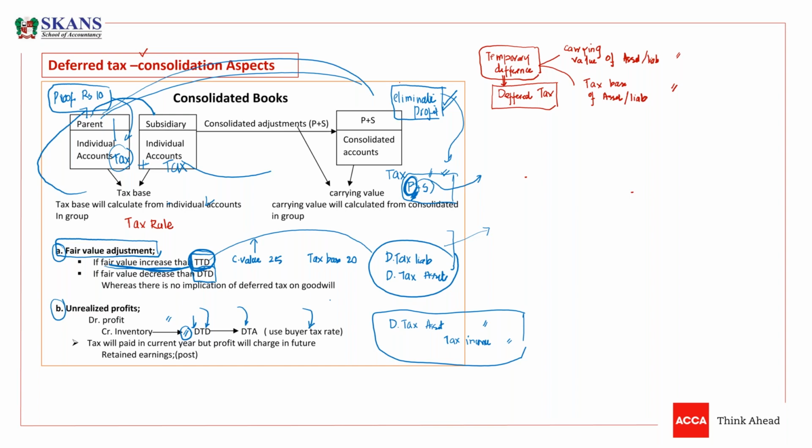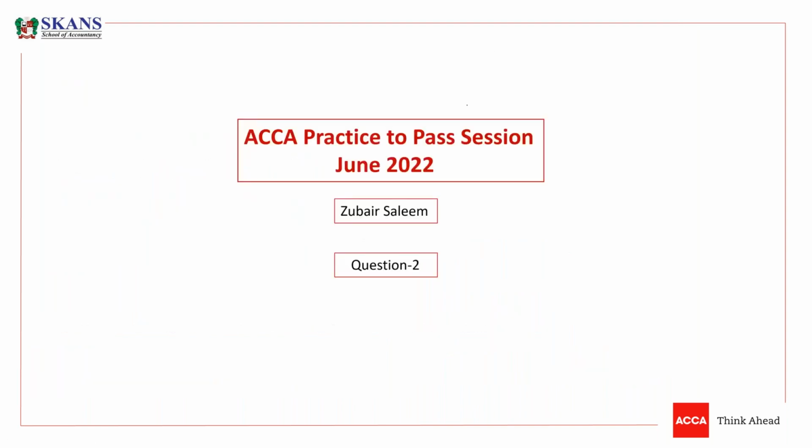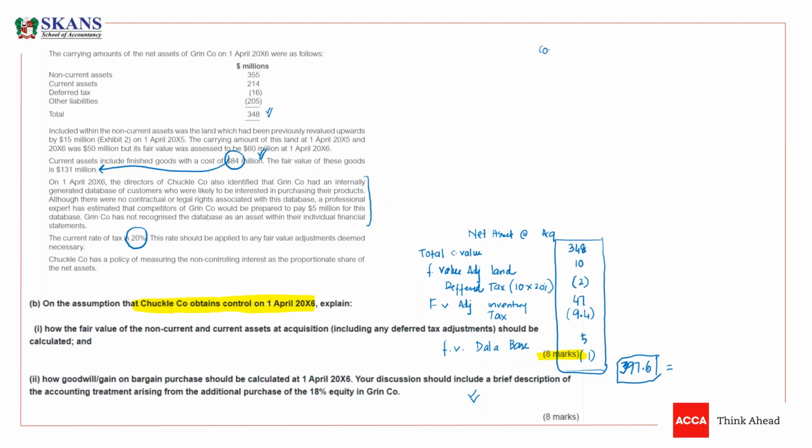Now, guys, we know in piecemeal acquisition, what we usually do is we take consideration paid by parent. We'll take what we paid today at the date of acquisition.